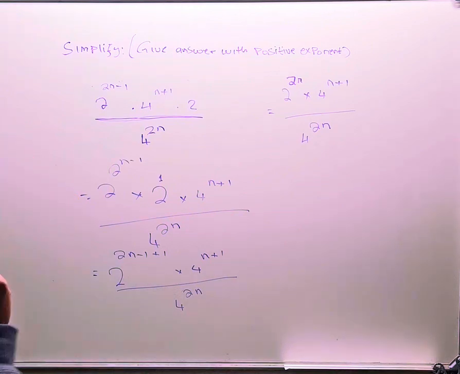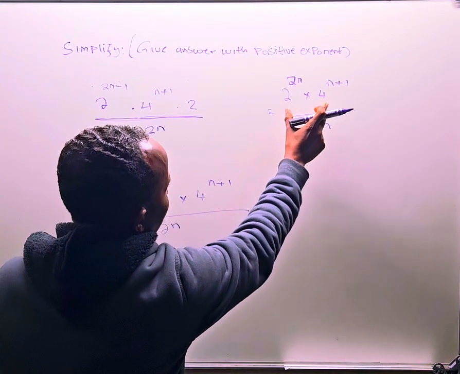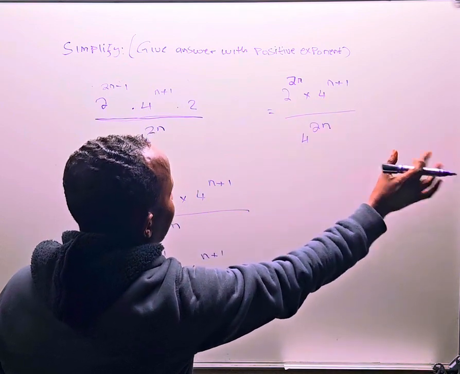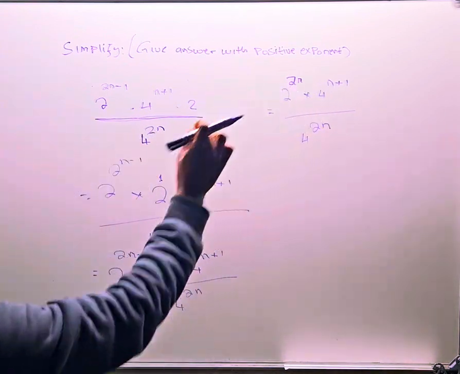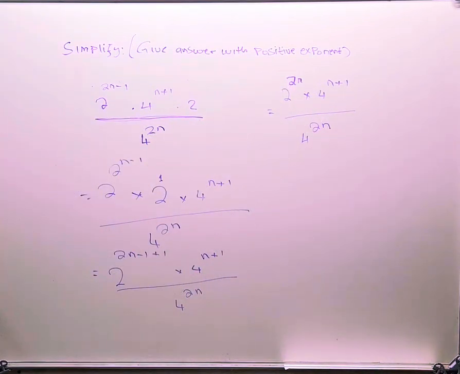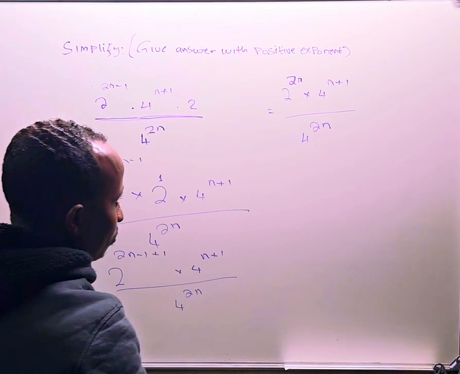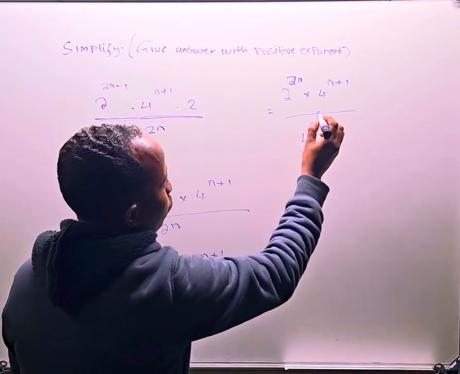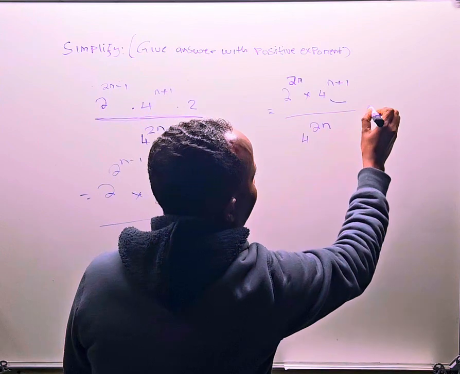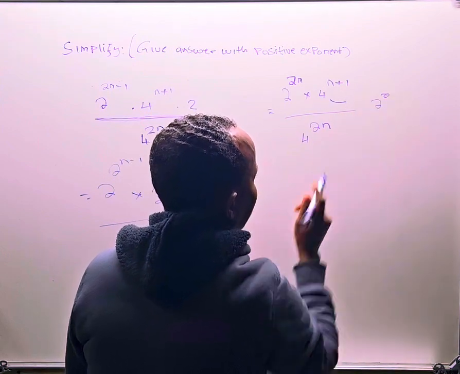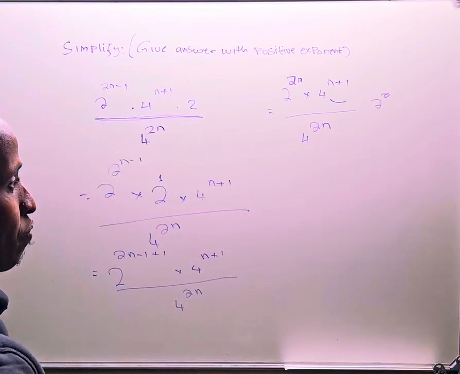Now, in my numerator, I have two powers with different bases, but I am multiplying. What should I do? Can we make the base the same? Yes, because 4 can be rewritten as 2 squared, if we prime factorize.